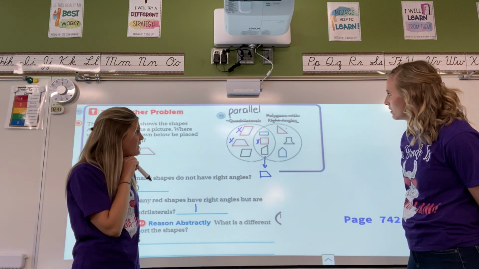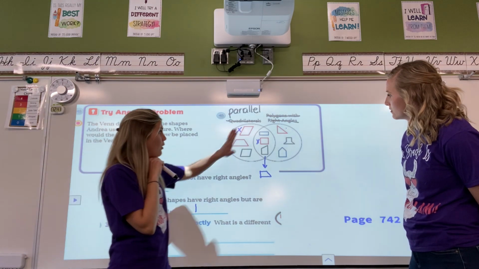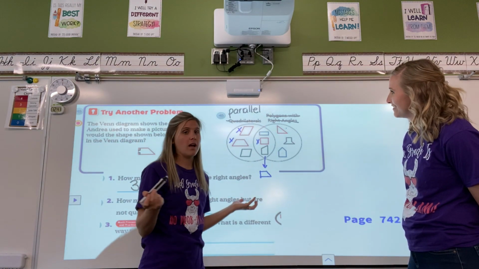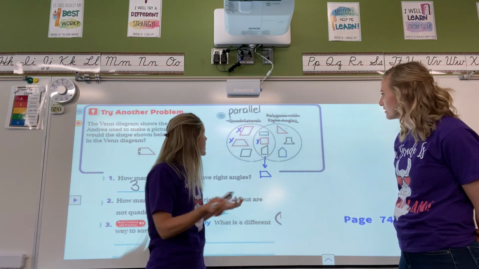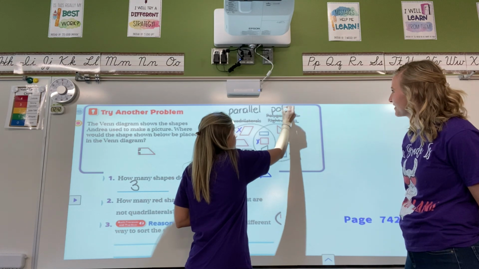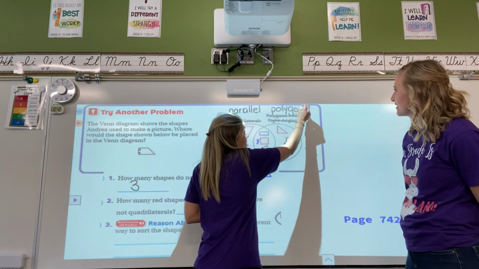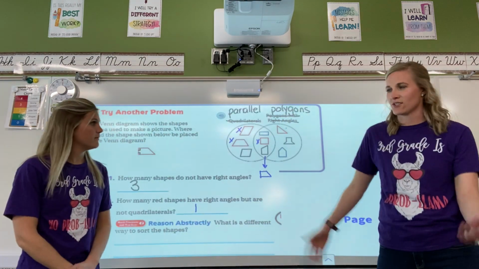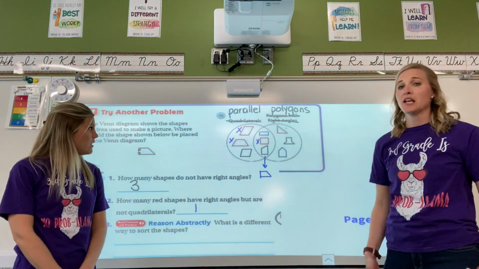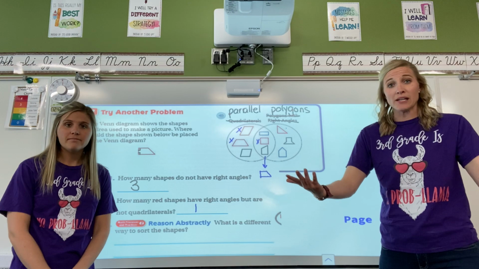Well, I know that they all have right angles. But they're also polygons. So I might say that all of these are just regular polygons. Polygons with right angles. Perfect. I think that looks great. There we go. Hey, nice job. That was a lot to think about. That was challenging, but you guys can do it.